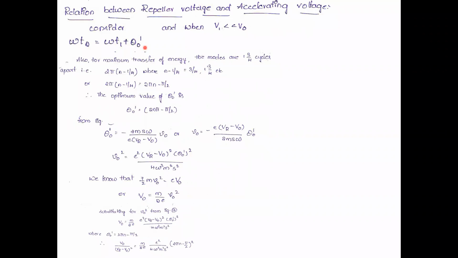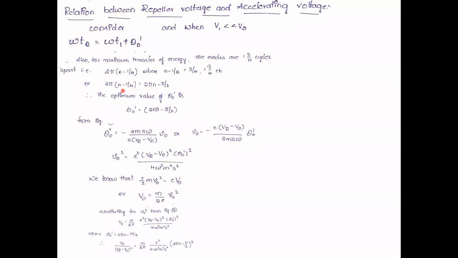So what is the relation? I am focusing on the transit angle theta naught. For this transit angle, what is the optimum angle I have to choose? The optimum angle is selected for maximum transfer of energy.